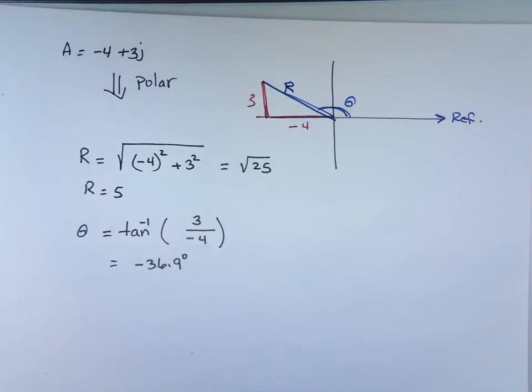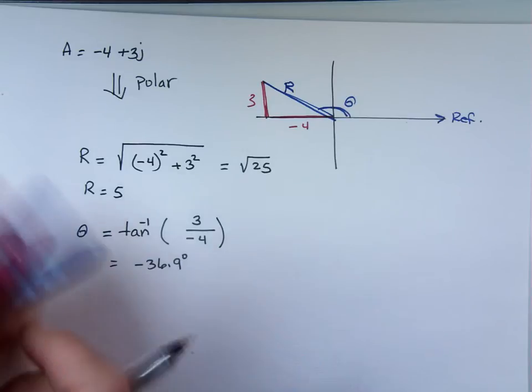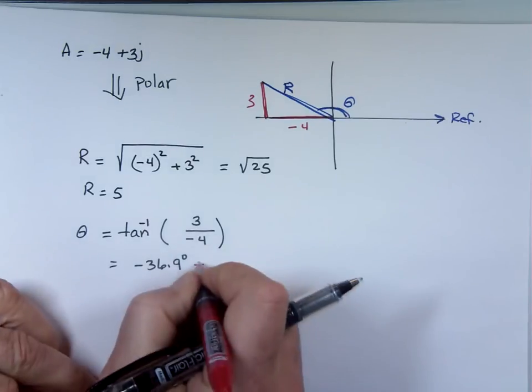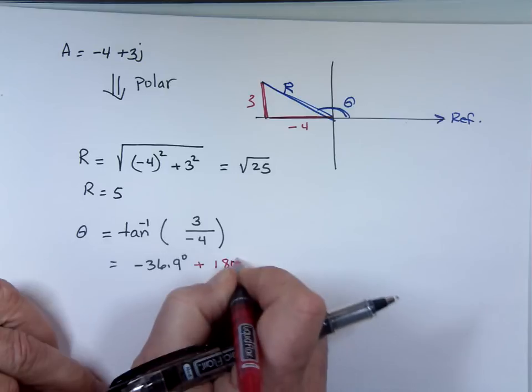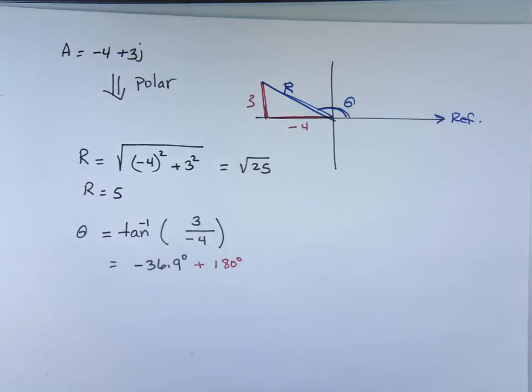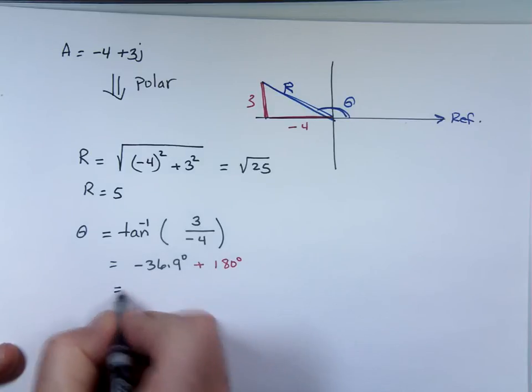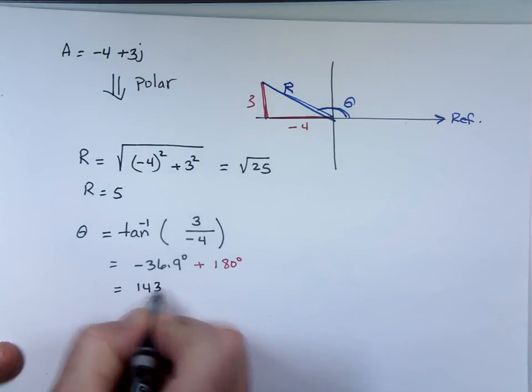So how do you get the right angle? You need to add 180. So if you add 180, it says what? The angle is 143.13.